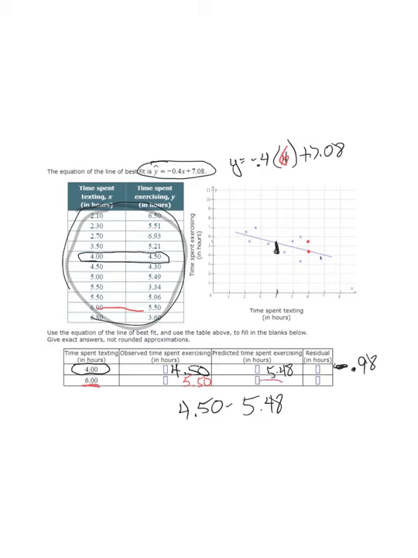And when I take the difference there, this is going to give me a positive number. So you're just finding the residuals there. Again, residuals are just the distance between the observed value and the predicted value. And the predicted value is going to come from the line of best fit.